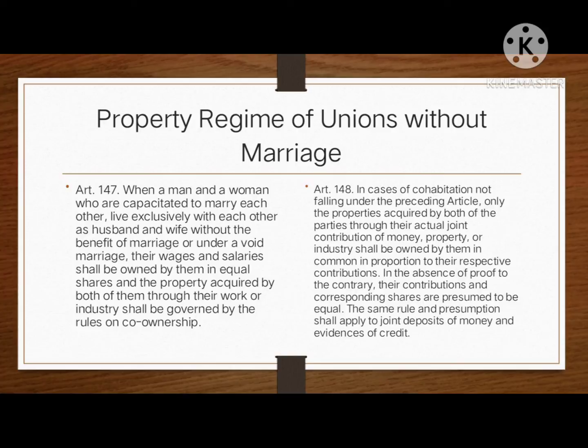So the legal support there is the co-ownership, wherein the mga properties or money or na-acquire nila anything na paghahatian nilang dalawa or own nilang dalawa while they are living together. This applies for those live-in partners.